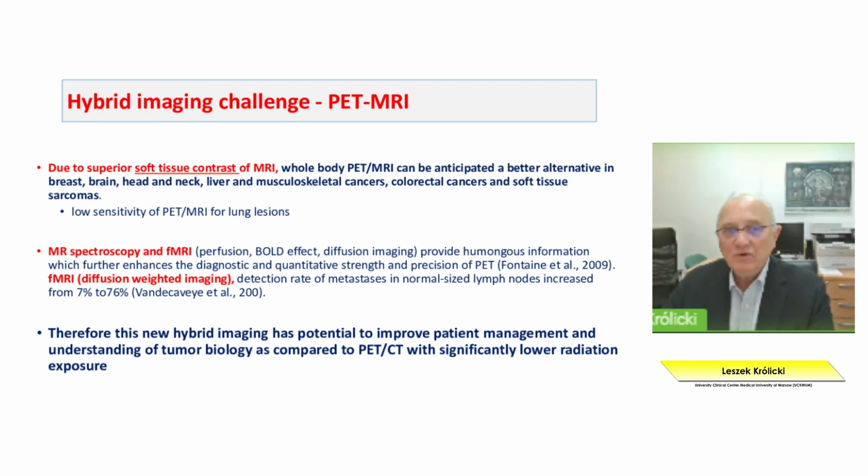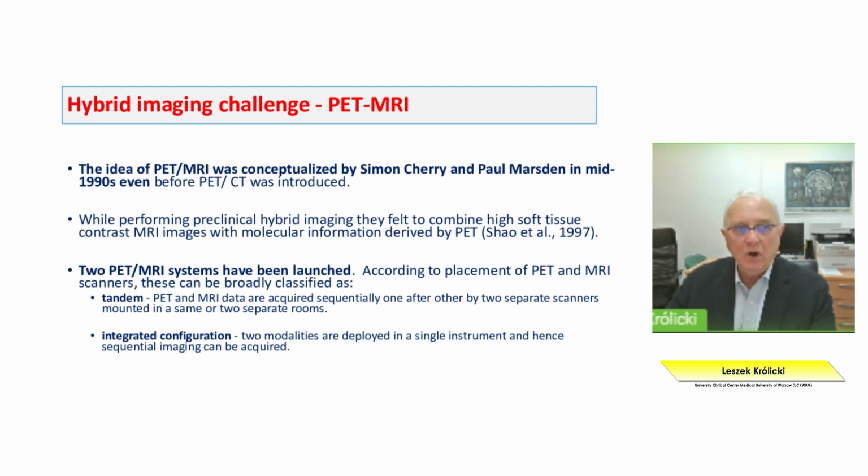MRI facilitates good assessment of morphological changes in soft tissue. So the combination of PET and MRI provides us with more information. The resonance also facilitates the use of functional sequences and diffusion studies. So in combination with PET exam, it expands the diagnostic possibilities of the device.